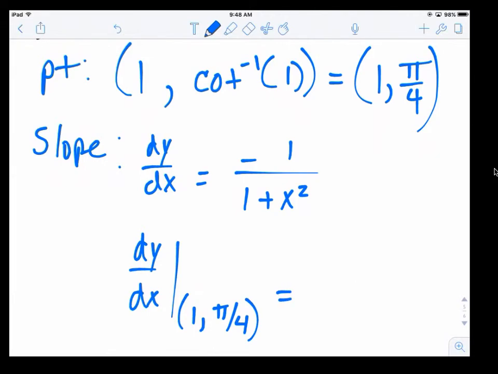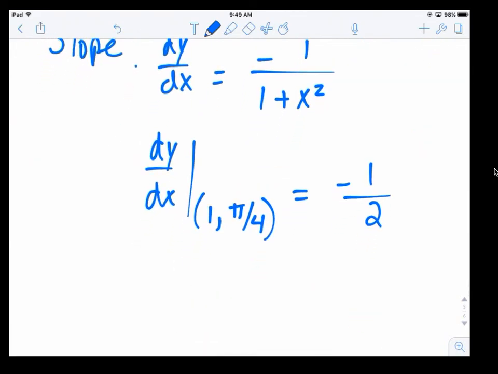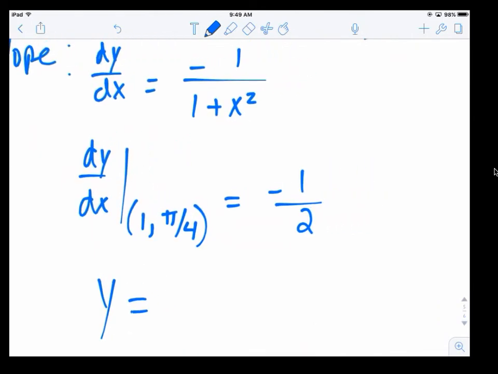So your derivative comes out to be negative 1 over 1 plus x squared. And then what is the derivative at 1 and pi over 4? Okay, so your tangent line is y equals pi over 4 minus 1/2 times x minus 1.